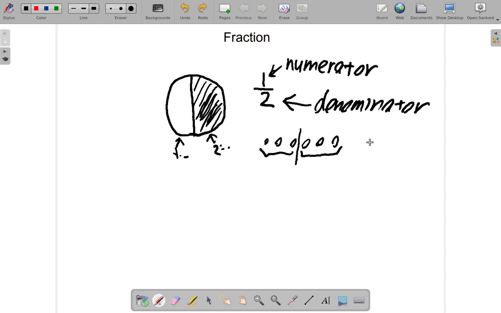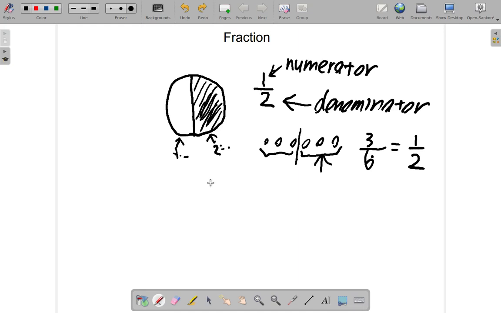So therefore, if I'm the one who gets these 3, I would say I got 3 out of 6 of them. But remember, the fraction here is really half of the total. So I can divide down and say this is equivalent to 1 out of 2, 1/2.